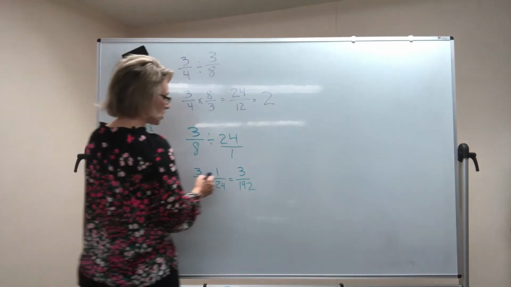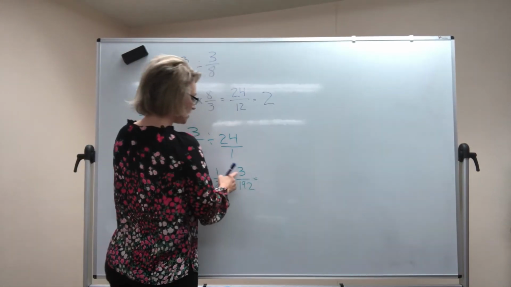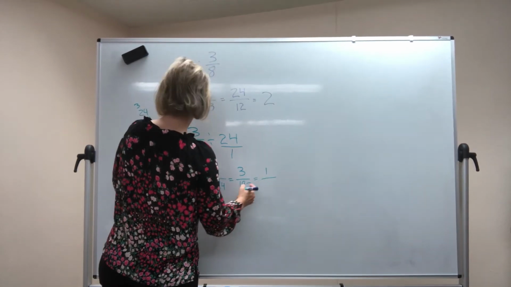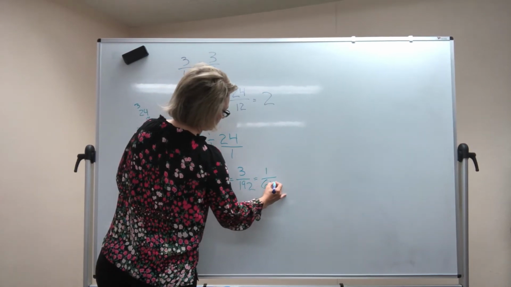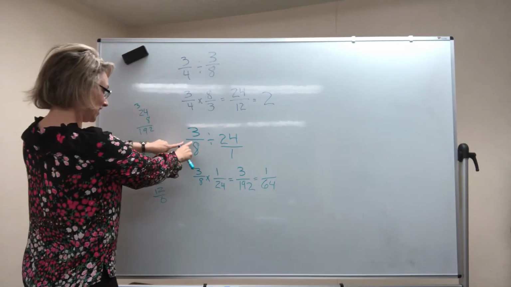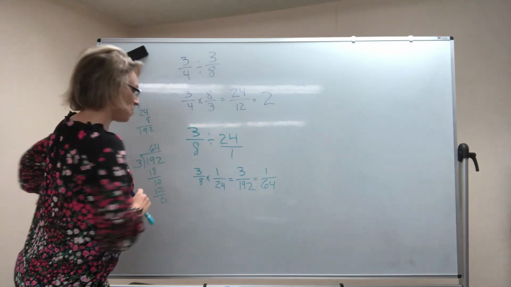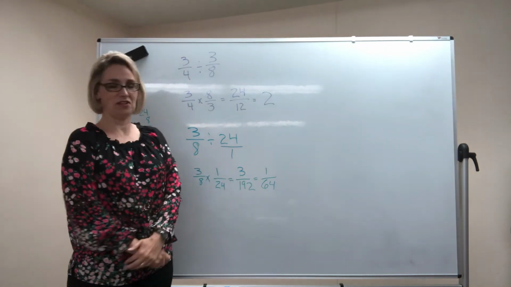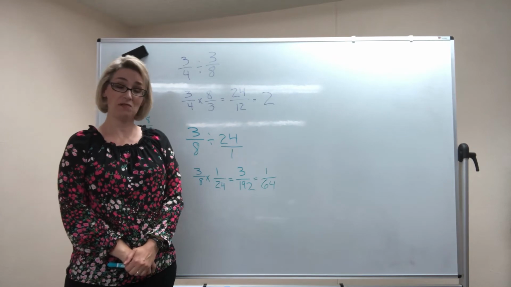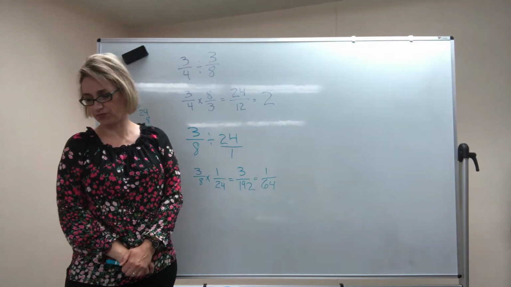So 64. If I divide the top by 3, I get 1. If I divide 192 by 3, I get 64. So 3/8 divided by 24 is 1/64. That's a very tiny piece, but it makes sense when you think it through, okay?